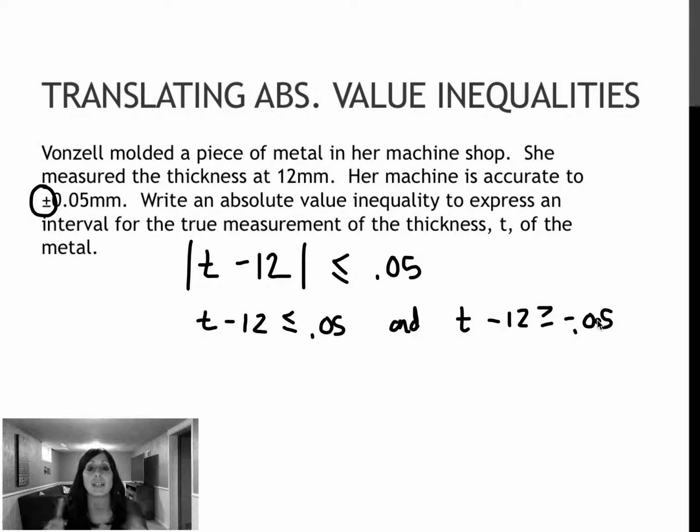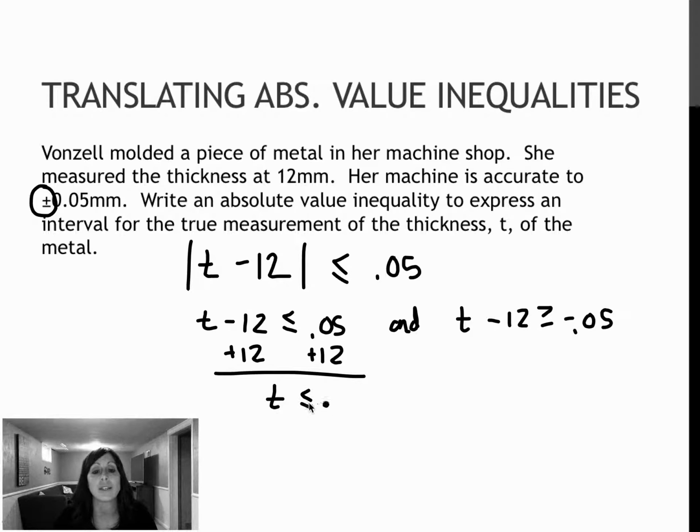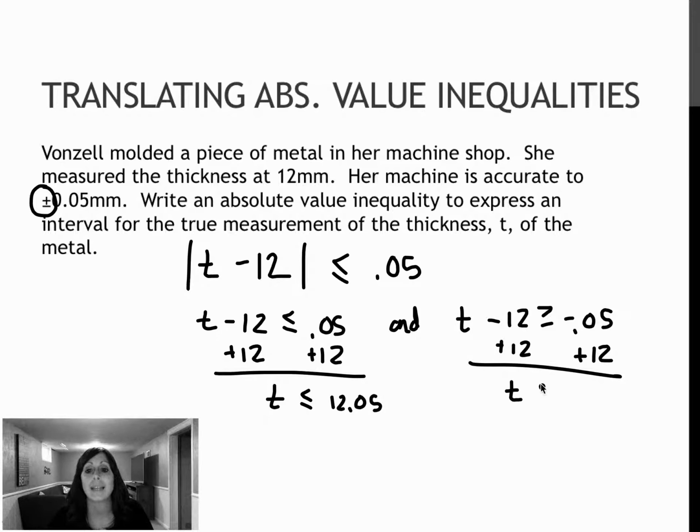Again, I could have written this as the compound inequality altogether. I'm going to write this with an and this time to show you can do it both ways. When I add 12 to each side, my first answer is that T is less than or equal to 12.05, or 12 5/100ths. My second answer, when I add 12, I get T is greater than or equal to 11.95.